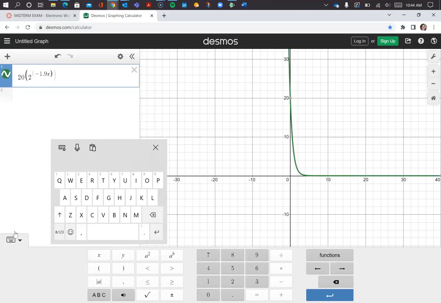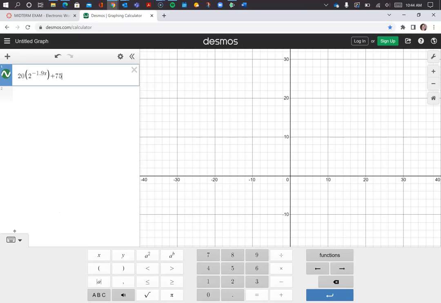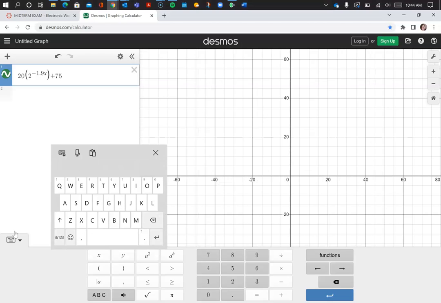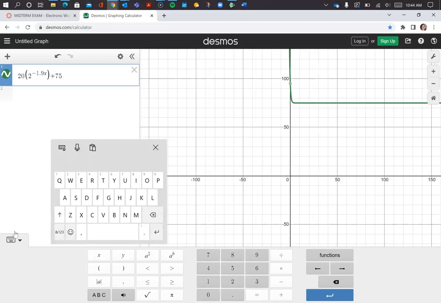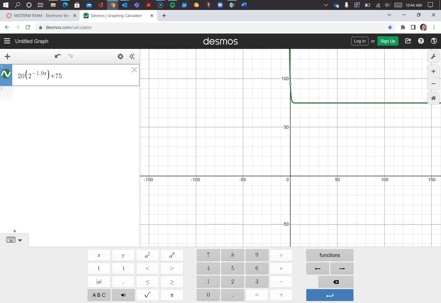If I just hit the parenthesis there, it stays up in the exponent, so I want to arrow over and then put my parentheses, and then it comes out in the right spot, and then I'm going to add the 75. And now it looks like there's no graph there, but if I look at my scale, I need to change that down so it shows.